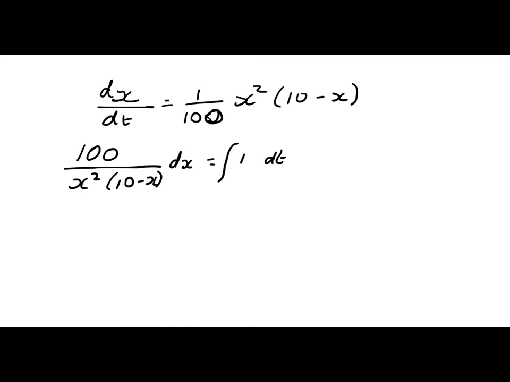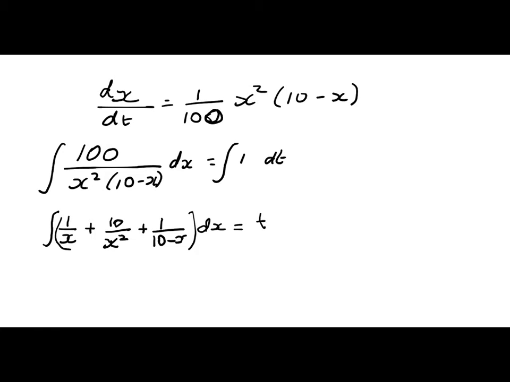And now I'm going to integrate with respect to each side, and I'm going to use my partial fractions breakup to do the left-hand side. On this side, I'll integrate straight away and I get t plus c.